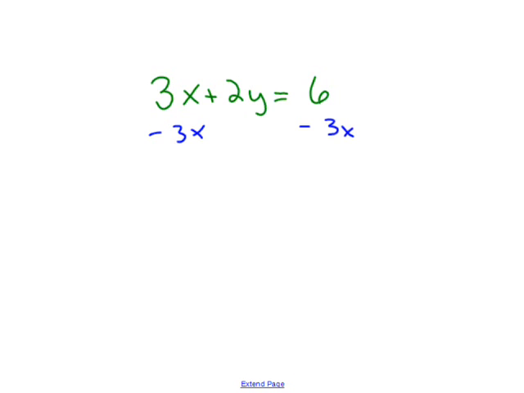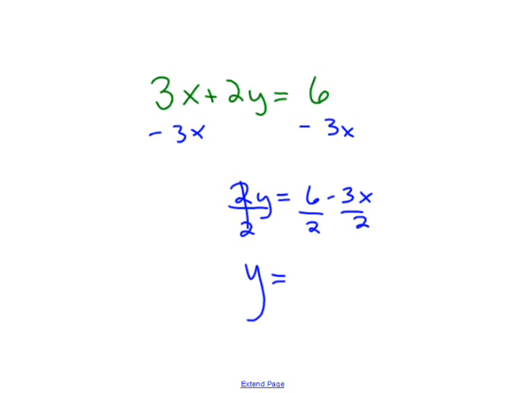Move that over, and now I have 2y equals 6 minus 3x, and then I can divide by 2. Just like we did yesterday, 6 divided by 2 is 3, and this is -3/2. So you might have to find the slopes of the lines if they're not in y equals form. All right, hopefully that's enough to help you with your homework.